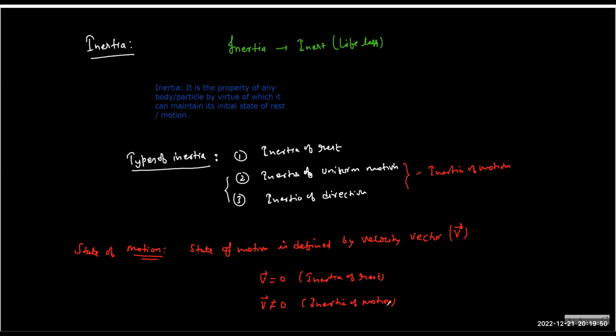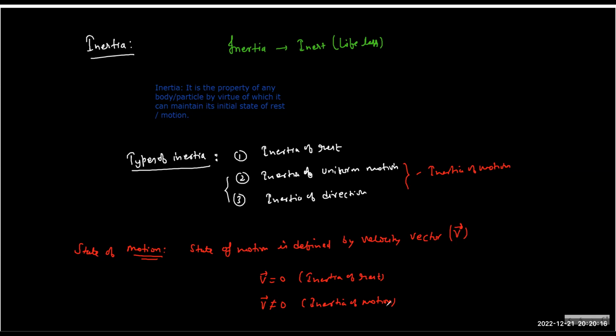Now, try to understand why we are defining all these things. The whole idea is that inertia of motion or rest is one of the states of the body. Now, if you observe that the state of motion of a body is changing, then what we must understand from that observation is that some external force is in action, which is able to change the state.